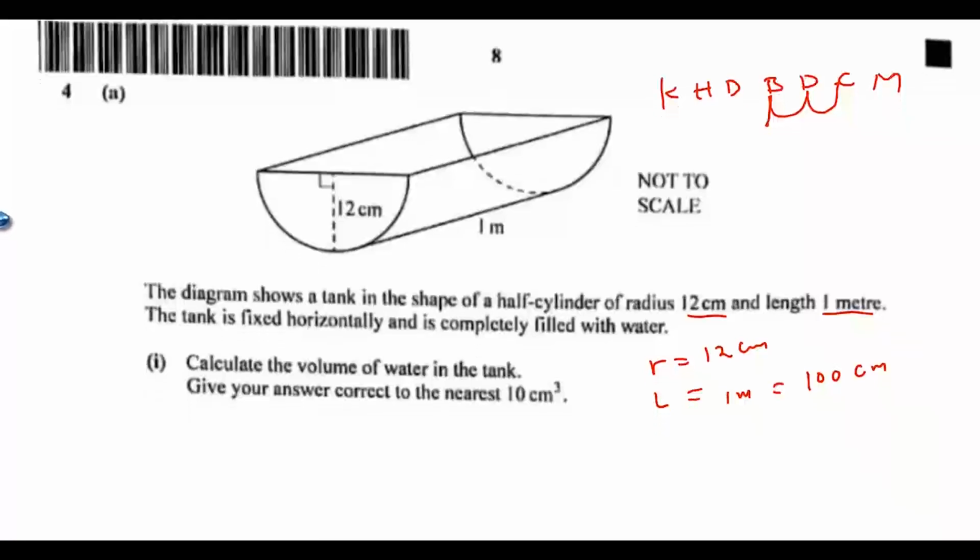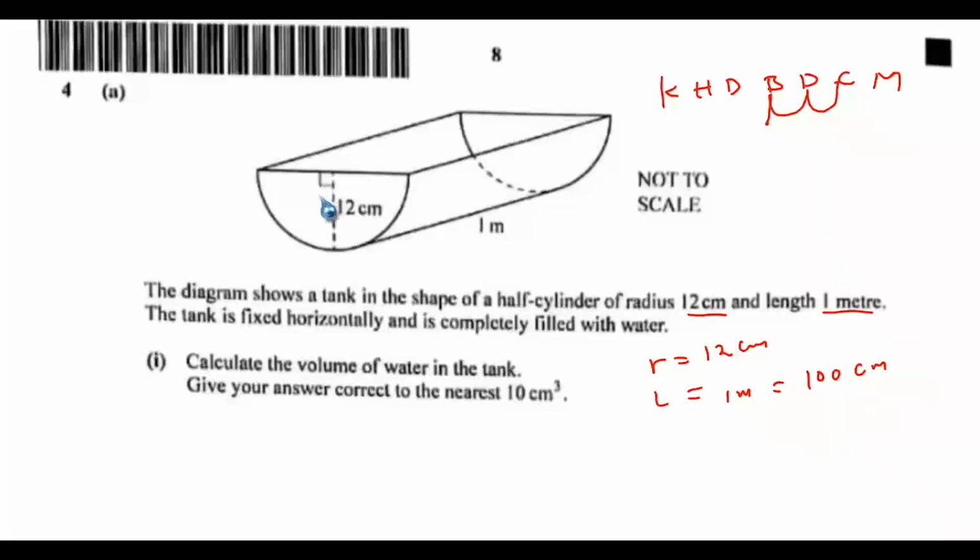To calculate the cross section area here, this is a semicircle. So the area of the cross section is equal to the area of a circle divided by 2. You can say cross section area will be equal to pi r squared over 2.